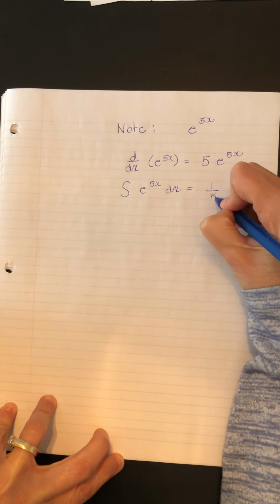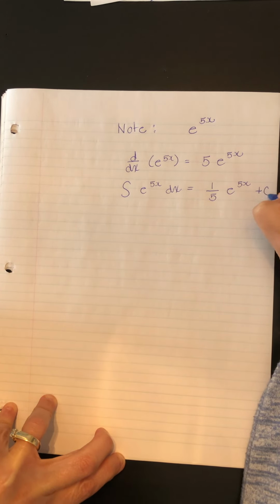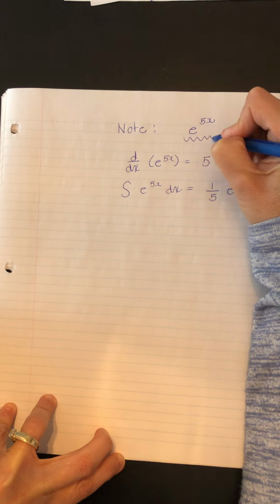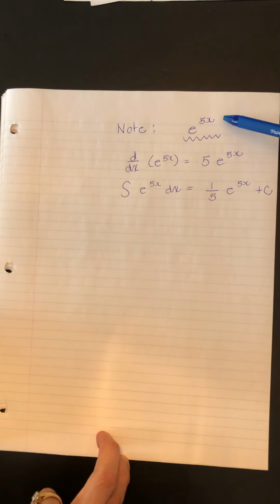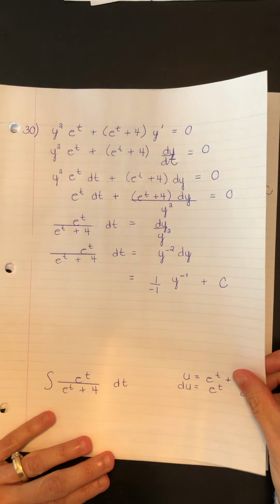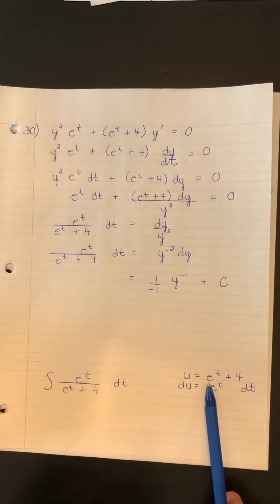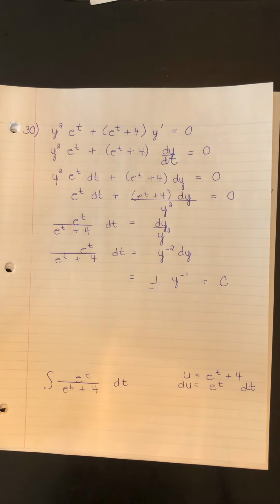It is 1 over 5 e to the 5x plus c. Okay, so this is just a little reminder on how we handle the exponential function, how we form its derivative and its integral. But in this case, it's just e to the t. It's not e to the 5t or anything else. So the derivative of e to the t plus 4 is just e to the t.